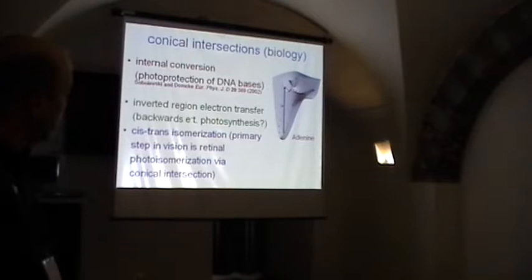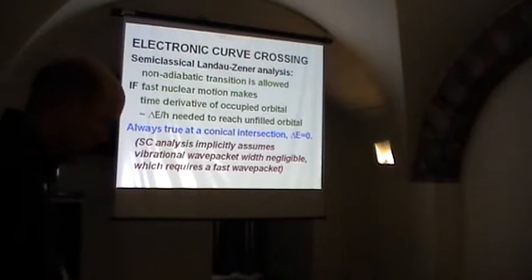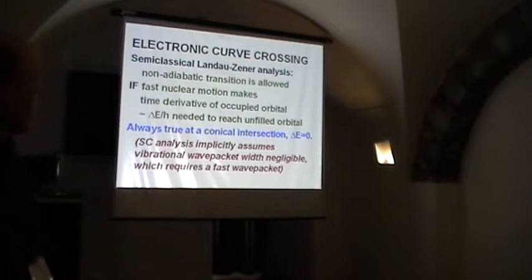And so they're a place where two potential energy surfaces actually intersect. If you think about the crossing and our standard crossing picture that we learned about in our earliest days, it's the semi-classical Landau-Zener picture.